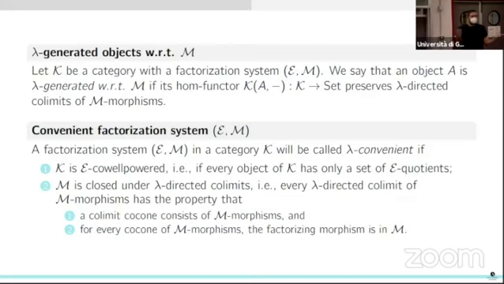This is true, for example, in modules and in groups, and in fact, in most of the categories you can think of. Even, and this is one of my favorite examples, if you take a directed colimit of closed embeddings of compact Hausdorff spaces, this is still a closed embedding. And this is where one can manage to characterize compact Hausdorff spaces in this way. And this is just what it truly means to be closed under directed colimits when you spell it out. You have to say that the factorizing morphism is in M, to be precise.